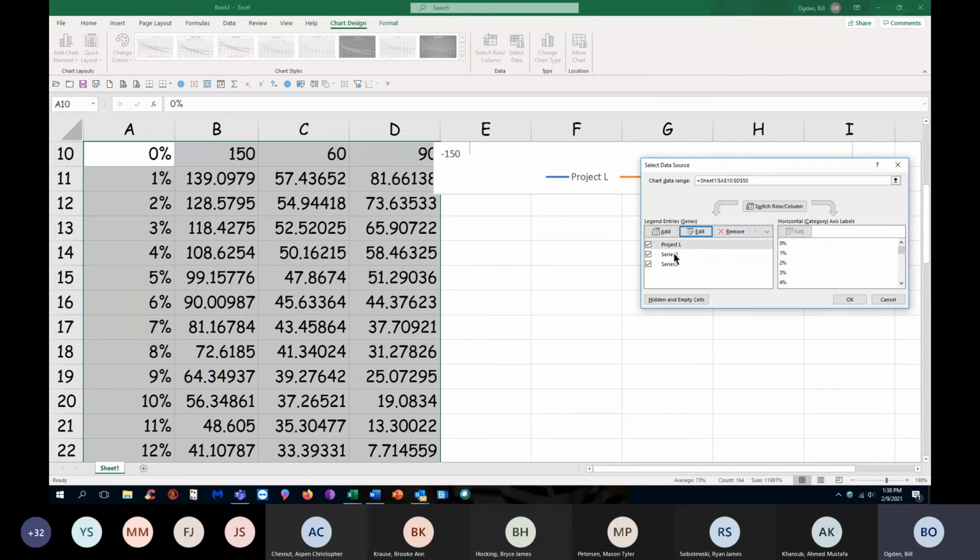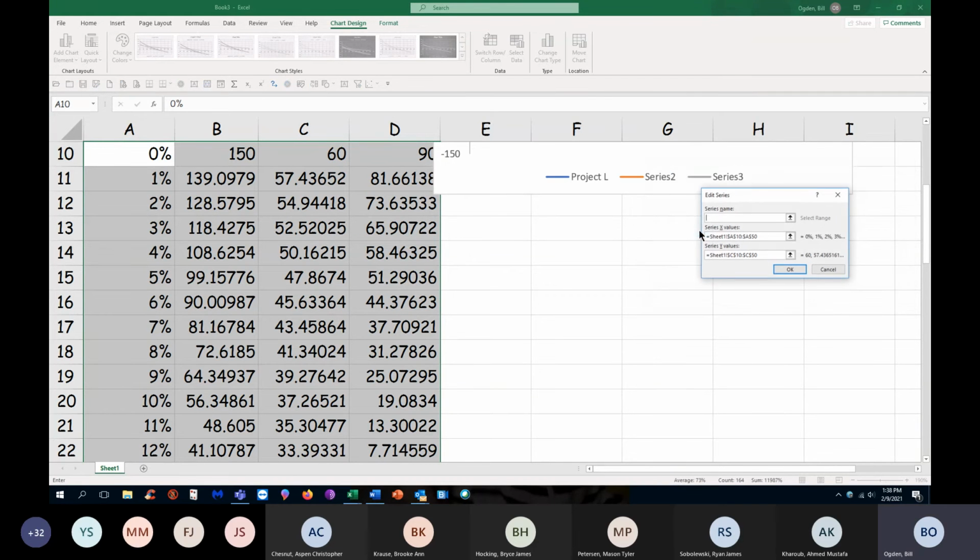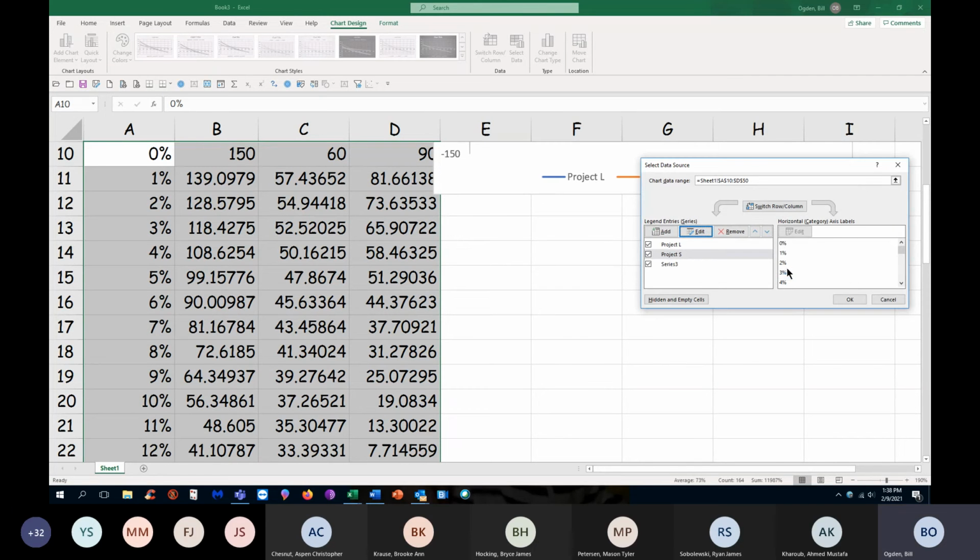Let's do the next line, which is project S. Edit. And then okay. And then find the last one.